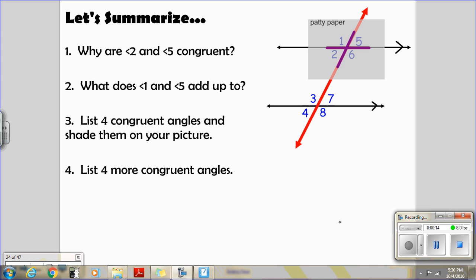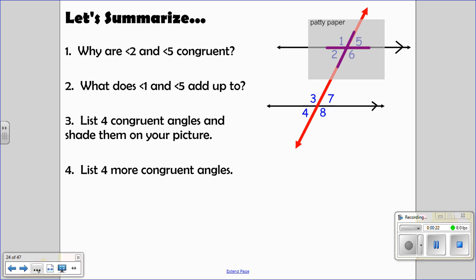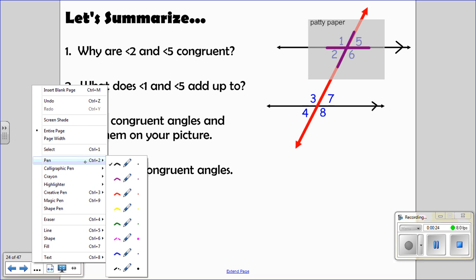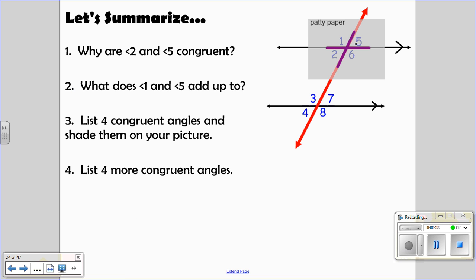The first question says, why are angle 2 and angle 5 congruent? Let's trace angle 5 first on our patty paper. Now watch what happens when I rotate my patty paper.